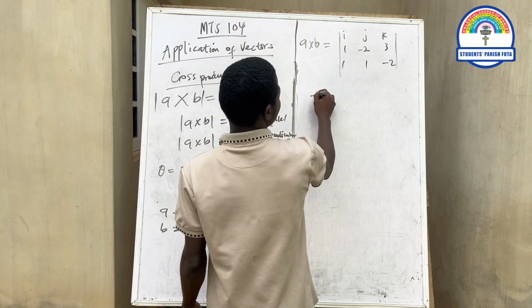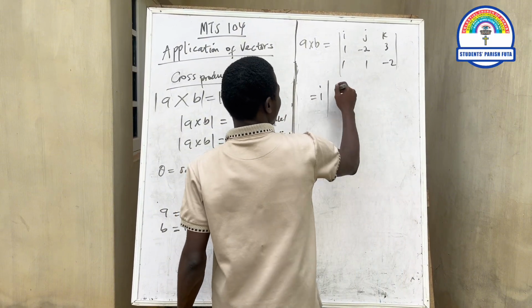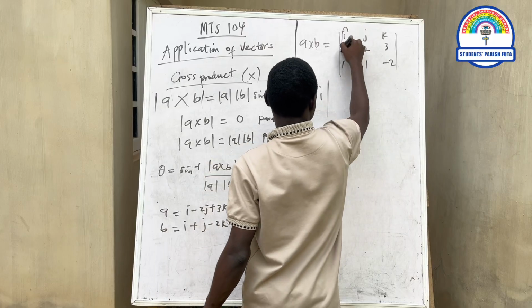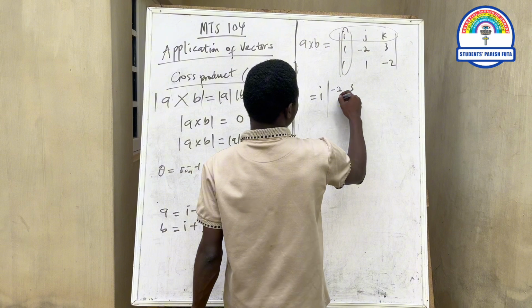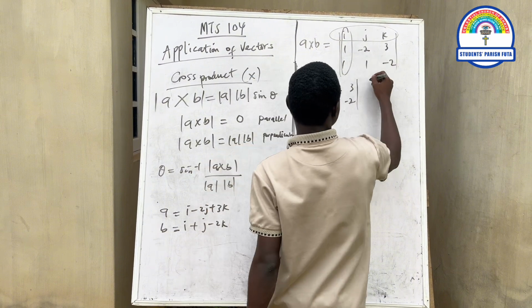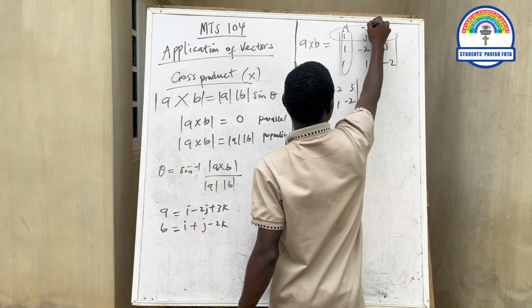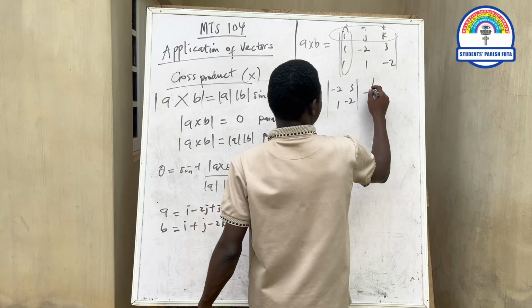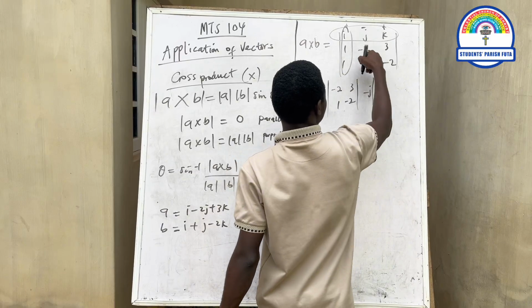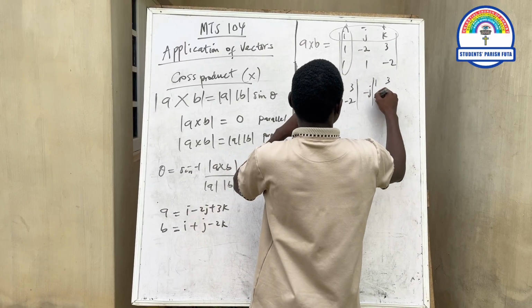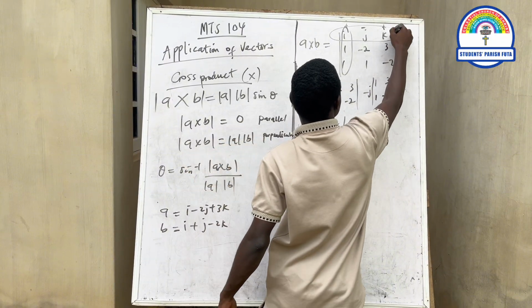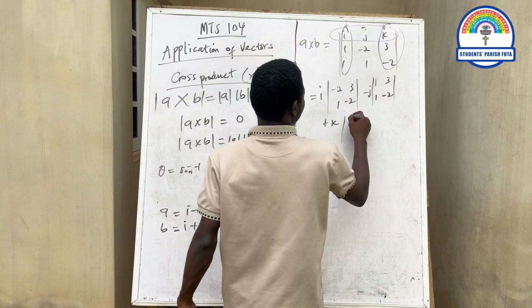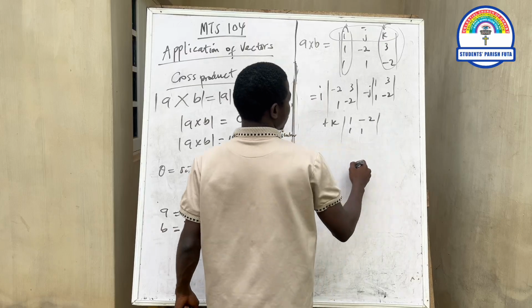Then you solve this. For i, cross it, circle this, you should have minus 2, 3, 1, minus 2. For j, that will be minus j, since we have plus, minus, plus. Circle this: 1, 3, 1, minus 2. For k, if you cross this, you should have 1, minus 2, 1, 1.